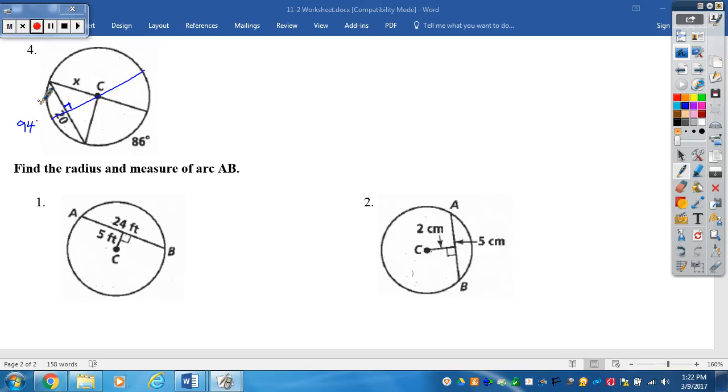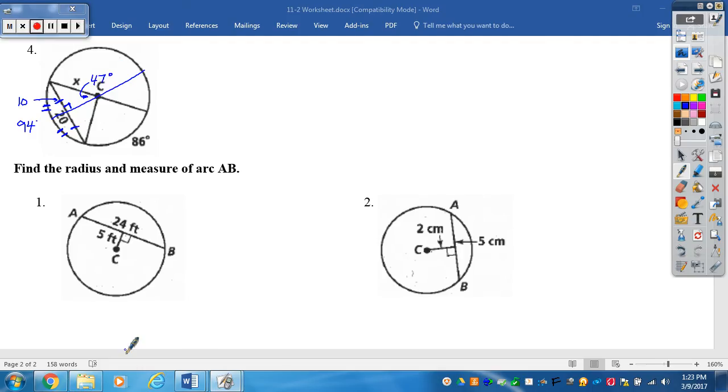So I put down that this is a length of 10, okay? But I've also bisected this arc here, okay? And so as a result, this angle right here is half of 94, 47 degrees, okay?